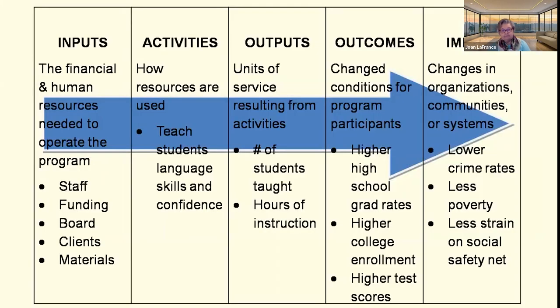And here's the next basic illustration: inputs, activities, outputs, outcomes, and impact. I have heard that when people have to go through this kind of exercise with a community, it becomes difficult.